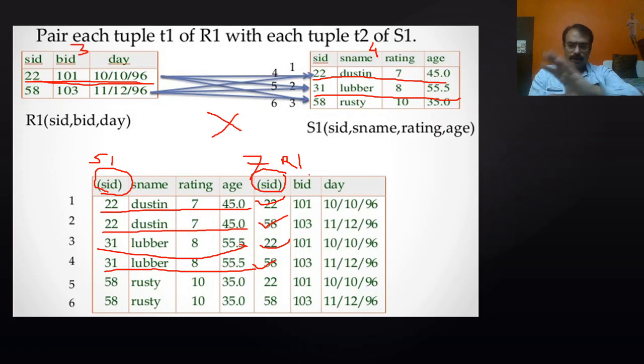So the dot operator will always be used with this. Are you understanding? This is the most important operation as far as relational algebra is concerned, and every time we make use of more than one relation in one query, this operation will definitely be performed.